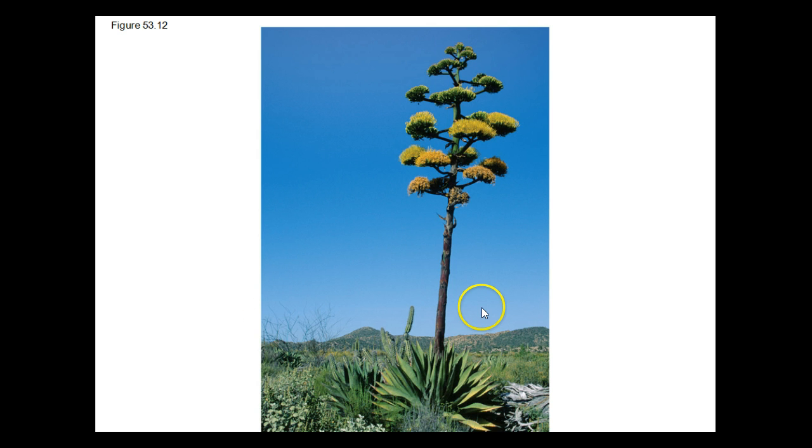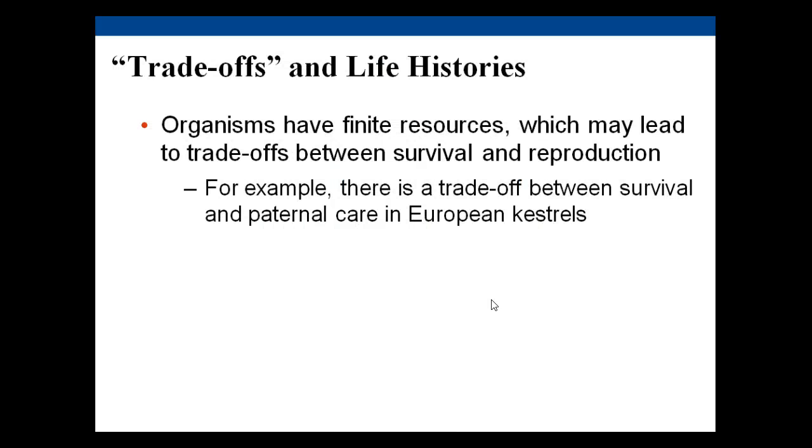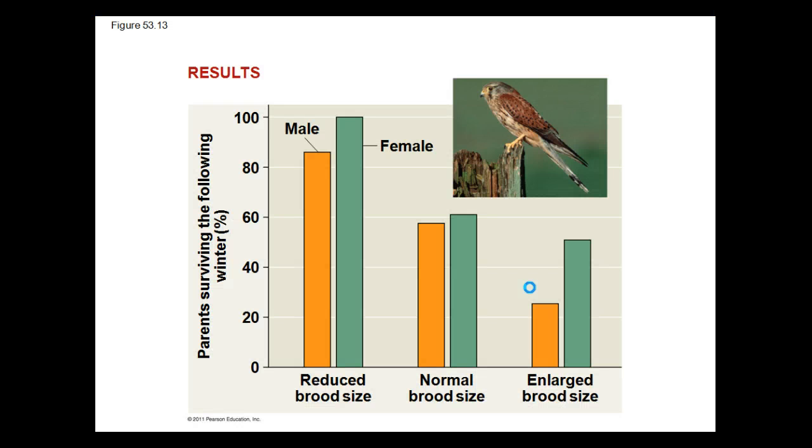Alright, I think we'll finish up pretty quick because I'm coughing like crazy. Trade-offs in life history. Trade-offs between survival and parental care. So that's huge, whether or not you survive or reproduce. And that would go back to what we were talking about with spending time raising your offspring, and also kin selection, where do I help this person survive because of the relatedness.